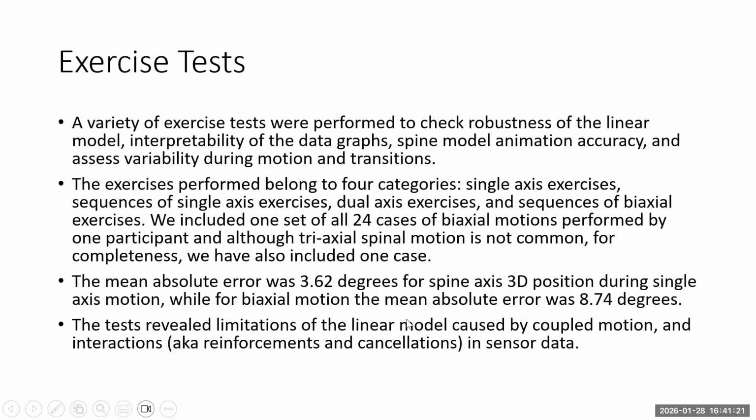We did find cases where motion that is coupled with biaxial motion could have cancellations in the sensor data. So there were a few cases where we still need to look into some detail. But in general, it was a pretty good result, and this was considered by a couple of companies for commercialization.